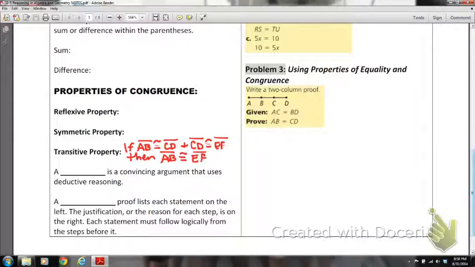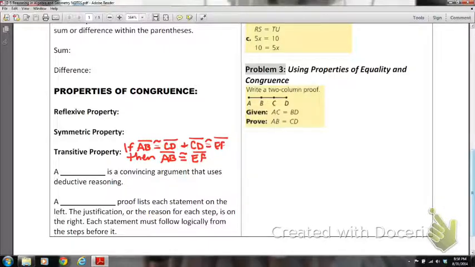Once again, if two things are congruent to the same thing, then they have to be congruent to each other. So AB and EF are both congruent to CD, so AB and EF have to be congruent to each other.